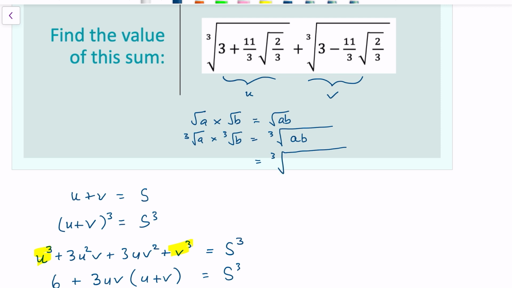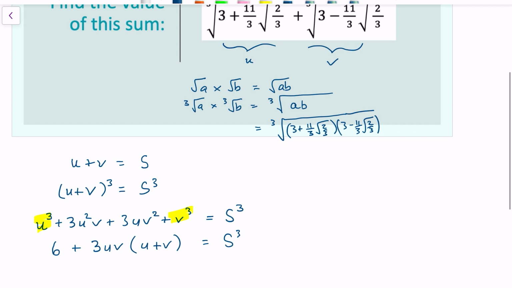we've got the cube root of 3 plus 11 over 3 root 2 thirds multiplied by 3 minus 11 over 3 root 2 thirds. And it's a difference of 2 squares underneath that. So we've got the cube root of 9 minus 121 over 9 times 2 thirds.